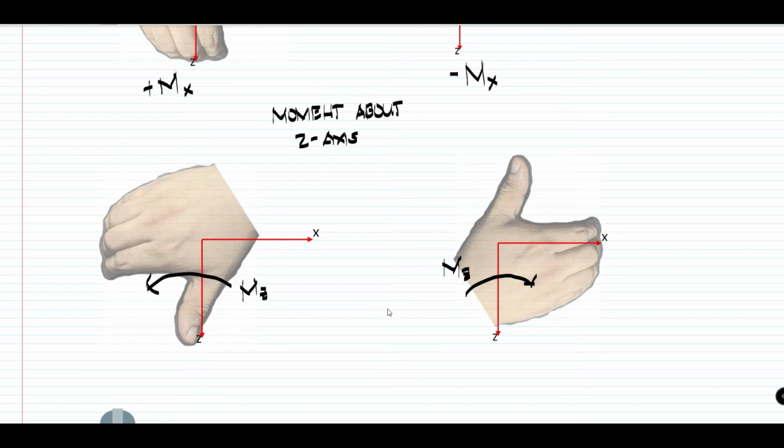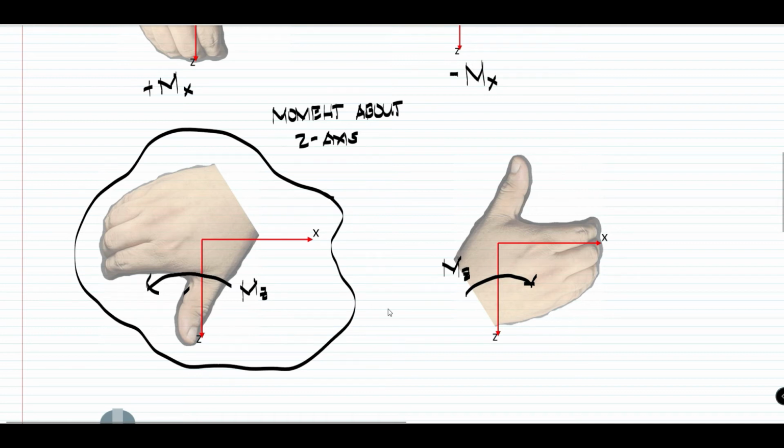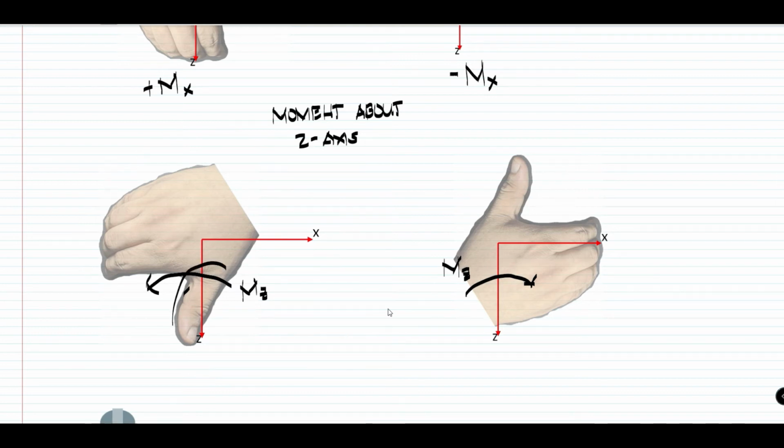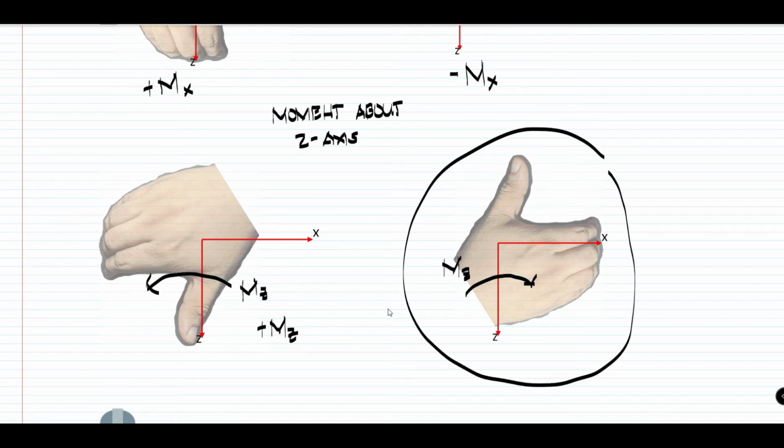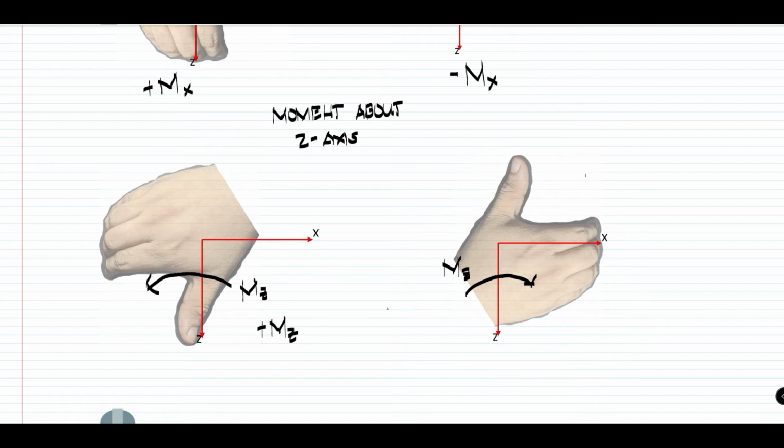So, for this moment na nakita natin on its left side, nakaturo yung thumb natin on the positive z-axis. So, ibig sabihin, this one will indicate a positive moment about z. While yung nasa right side natin, which is ito, this will indicate a negative moment about the z-axis. Kasi yung thumb natin is nakaturo on the negative side of the axis.